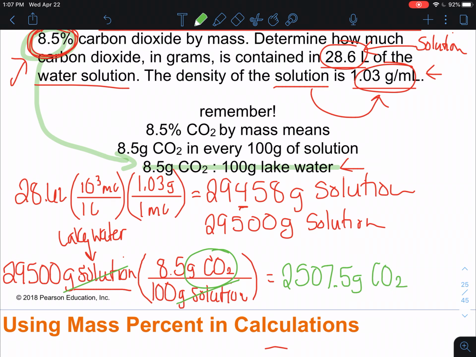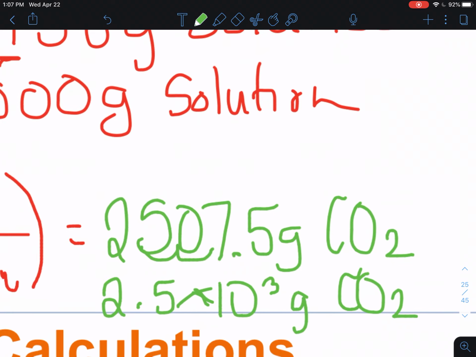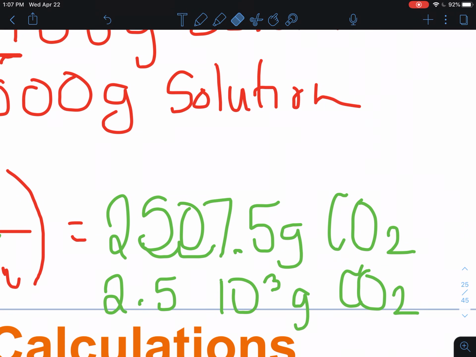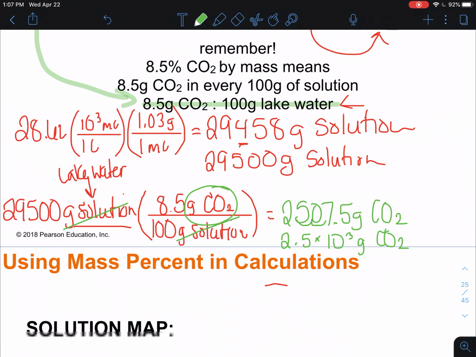And just to make sure that we understand how many sig figs, we're working with 2 here, so we're going to put 2.5 times 10 to the 3 grams of CO2. Sorry, that's real messy. And that's my final answer. Okay?